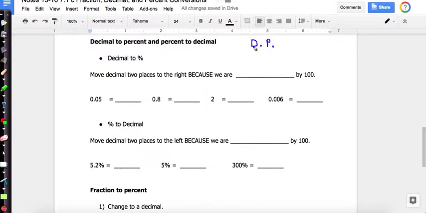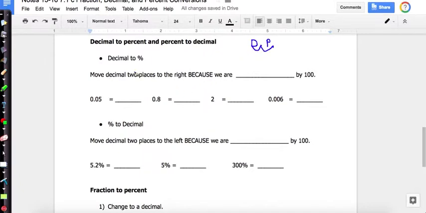We start at the D, so if we want to change from a decimal to percent, we move 1, 2 places to the right. If we want to change from percent to decimal, we move 2 places to the left. So that's how you know which way to move. Look, if it's just a decimal, 2 to the right. If you see the percent sign, 2 to the left.